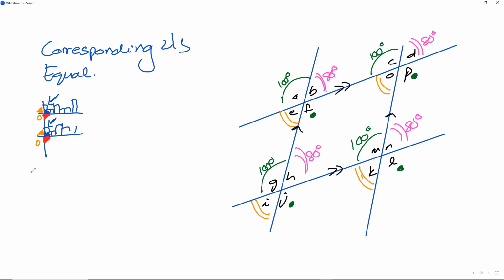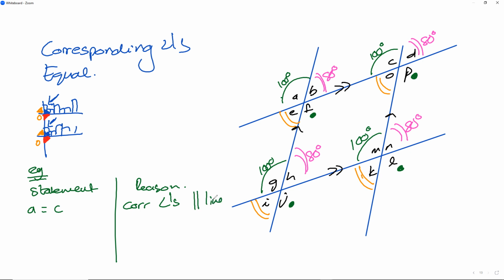So when we write this out, we can say, for example, if I have to have a statement and I have to have a reason, I could say A equals C. And the reason is corresponding, and I can write it short, CORR, angles. And I'll just put parallel lines because I haven't labeled these parallel lines.